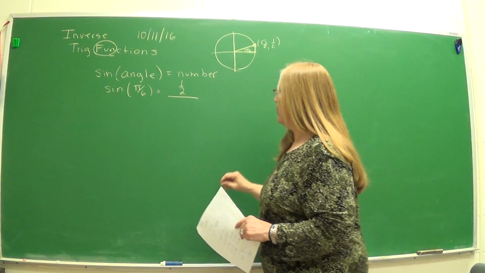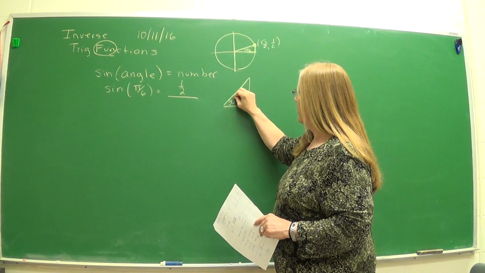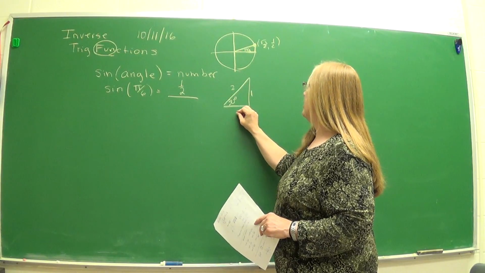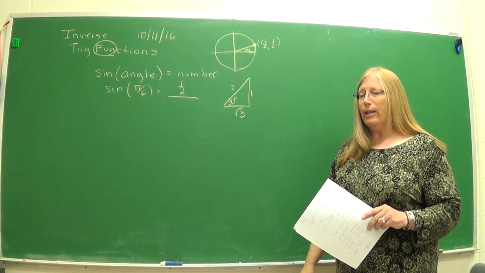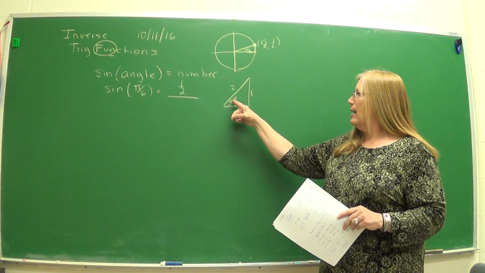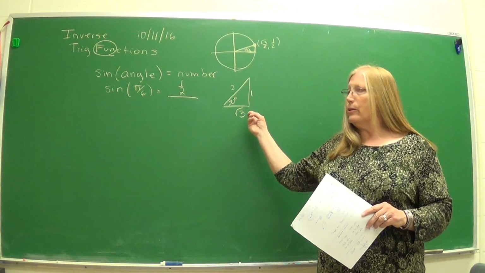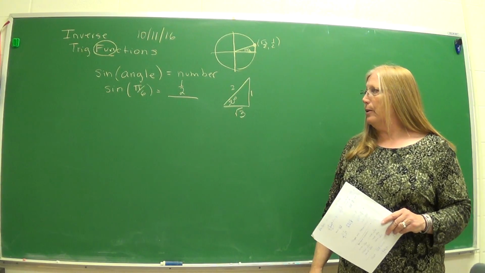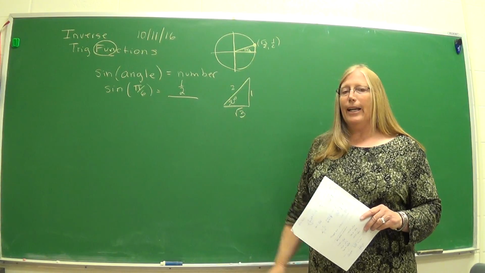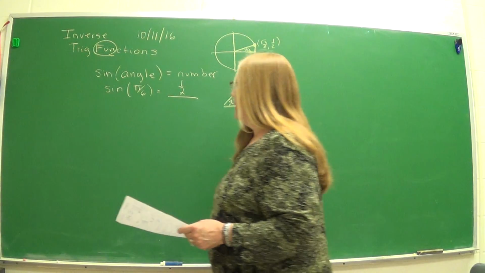And we also did that with special triangles. Pi over 6 or 30 degrees had these special numbers associated with it, and opposite over hypotenuse, 1/2. So we've used special triangles and we have used the unit circle. One way or another, we've got the sine of pi over 6 is 1/2.